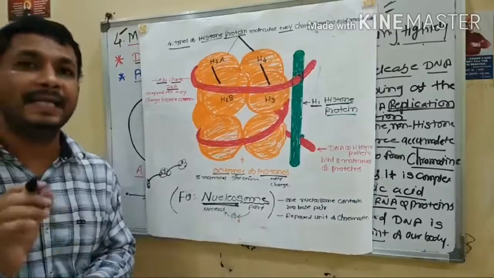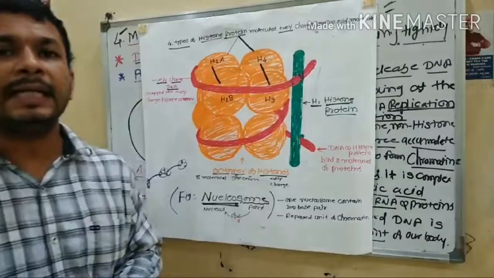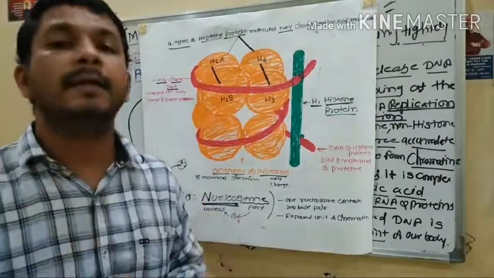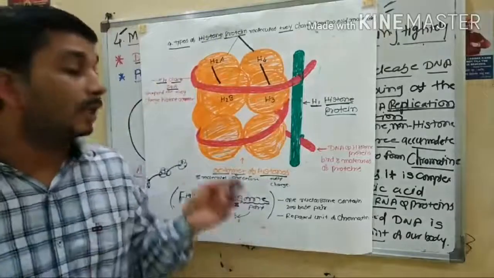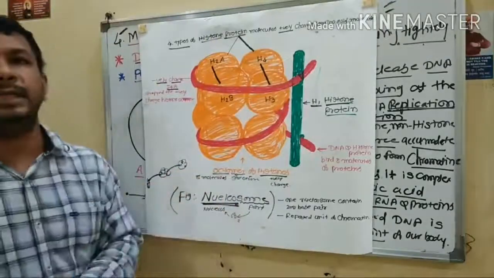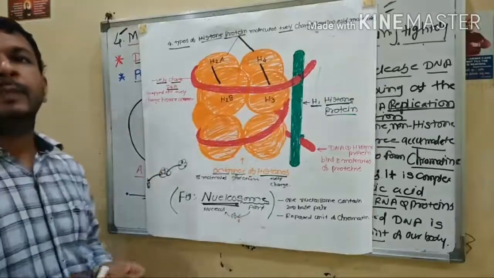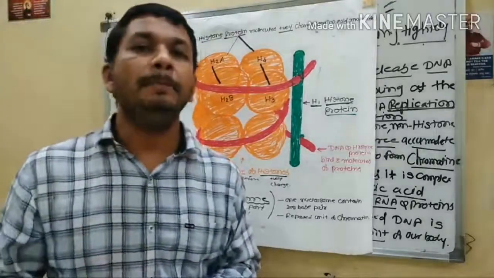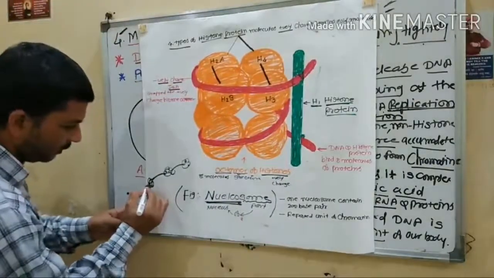Stained means colored. And what is this color about? Color means hair color, skin color and eye color. We can call these stain bodies present inside the nucleus. This looks like beads on a string.